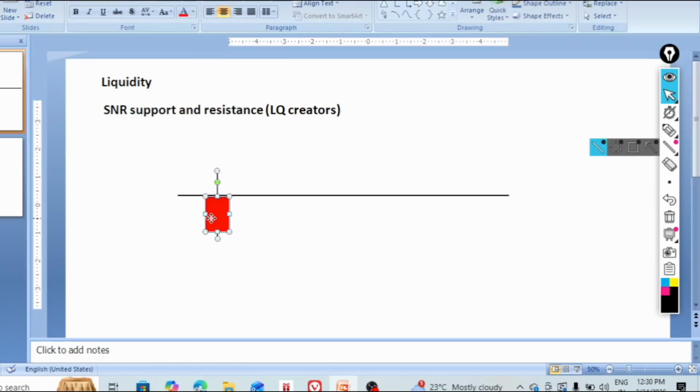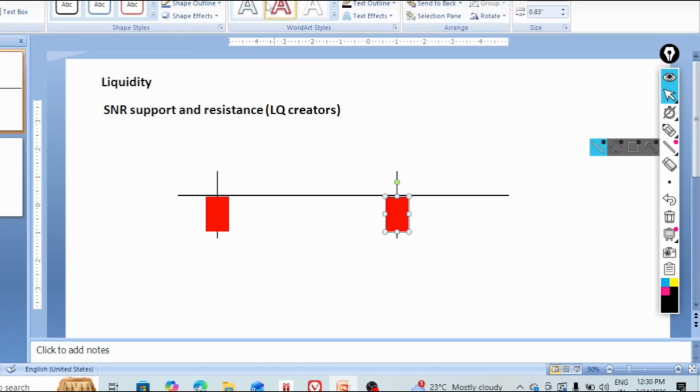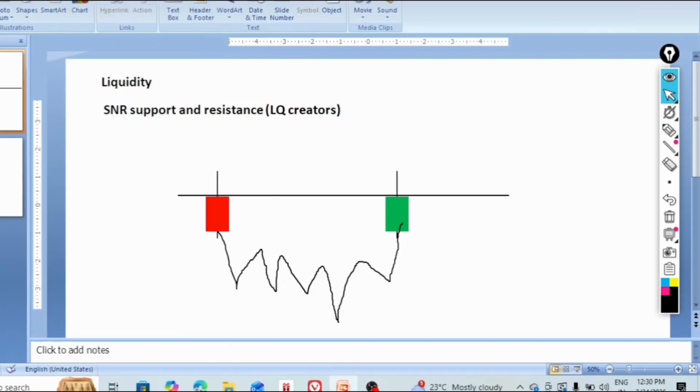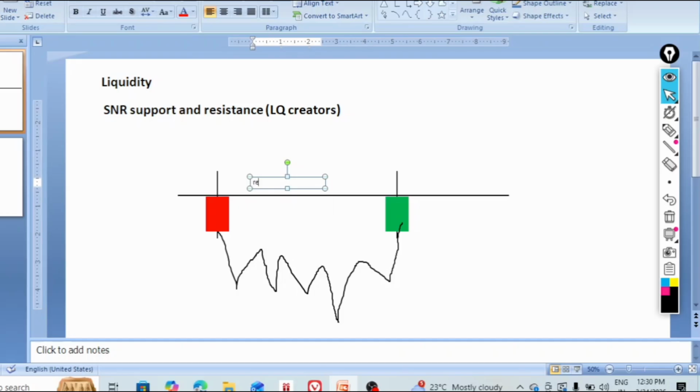After some time, the market moved to this level and got rejection. Liquidity is also quantity. So the market is moving like this, and it came to this resistance area.